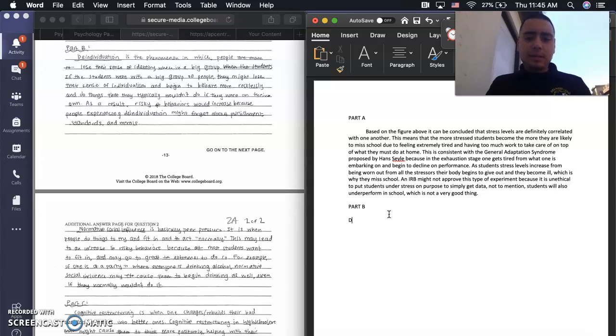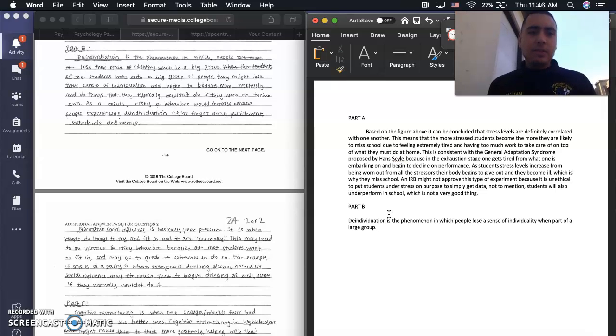So it says de-individuation is the phenomenon in which people lose a sense of individuality when part of a large group.